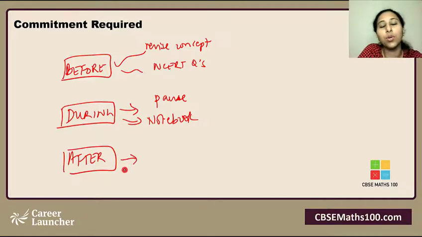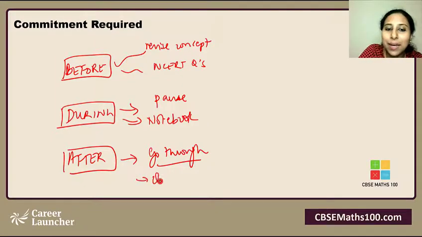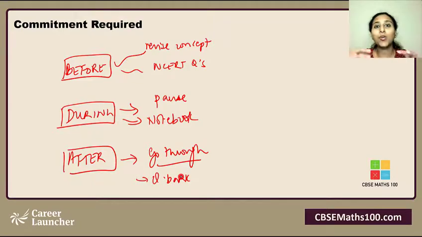After watching the video, you should go through the questions again, go through your notes again so that it sticks to your memory. And wherever you were finding a lack of understanding of certain types of questions, make sure that you go through a question bank. This question bank could be the NCERT exemplar book.